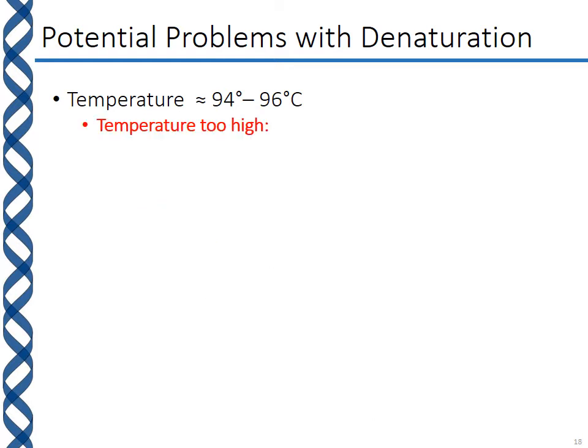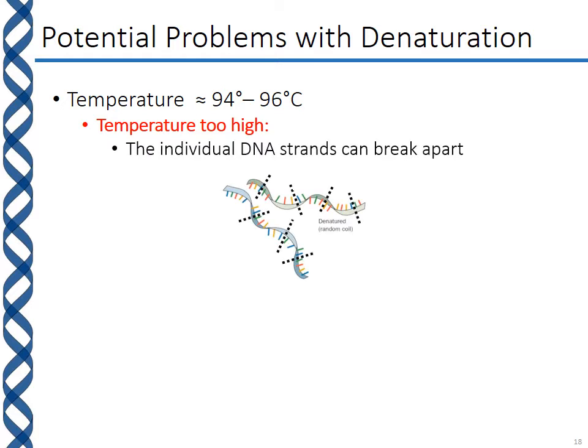However, if your temperature is too high, say above 100 degrees Celsius, the individual DNA strands will start to break apart. And so recall that the hydrogen bonds are weak and will separate with the increase in thermal energy.